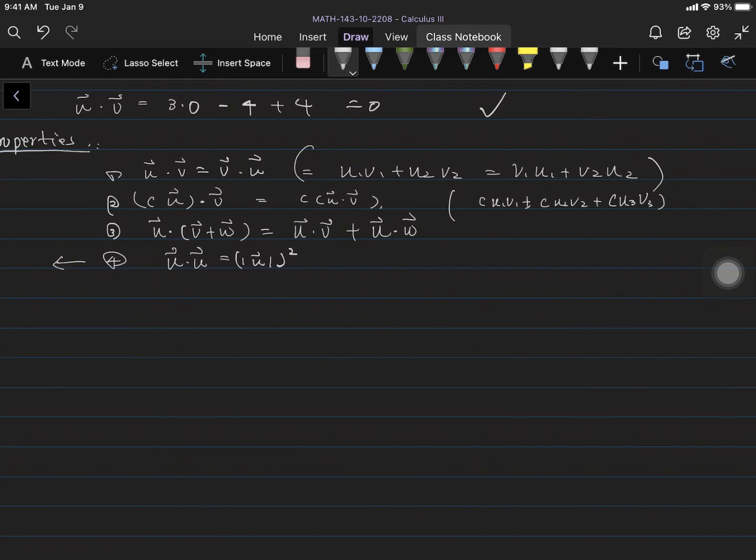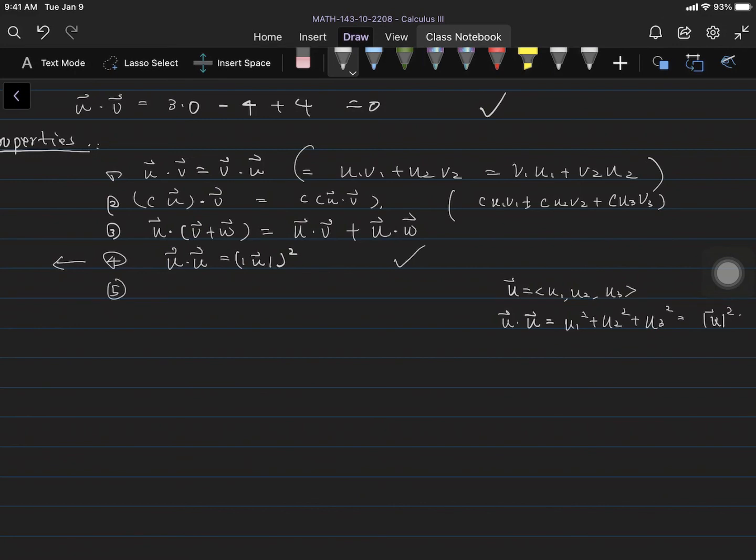If u equals (u1, u2, u3), for example, then u dot u is u dot itself, so it's u1 squared plus u2 squared plus u3 squared. This is the length squared. The length is the square root of this sum, so if we square both sides, we get this. In the future, we will use this again.